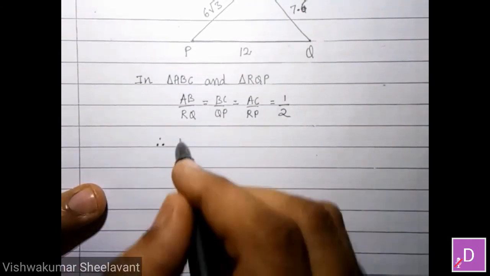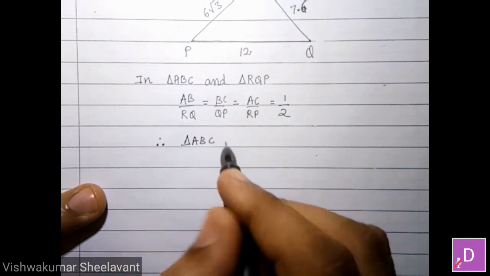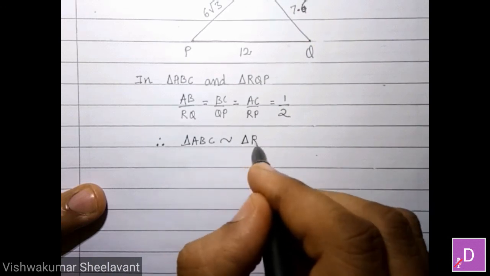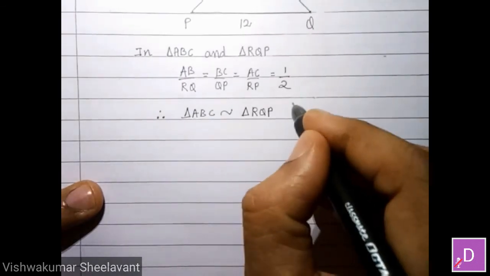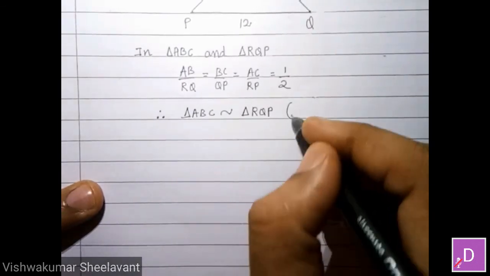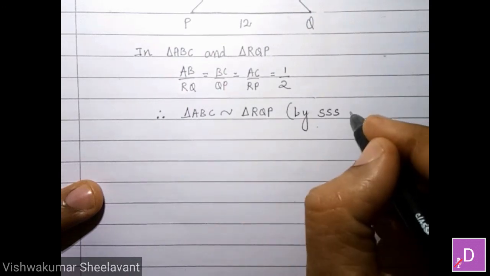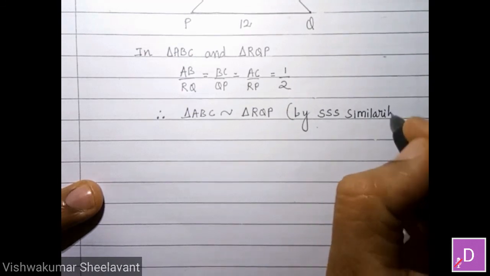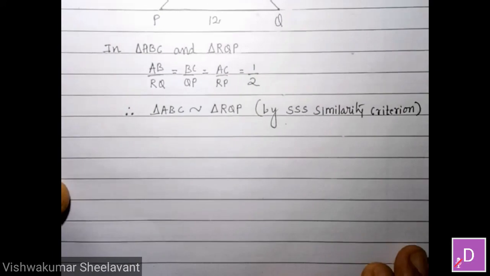Therefore, triangle ABC is similar to triangle RQP. By which rule or criterion? By SSS similarity criterion.